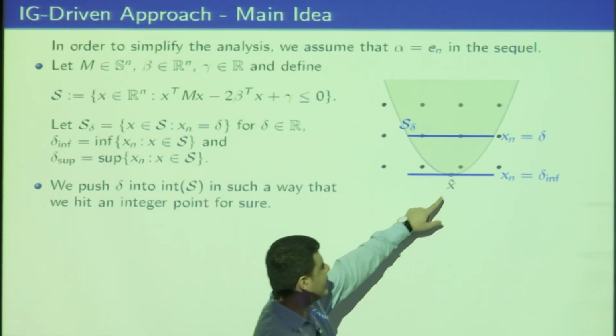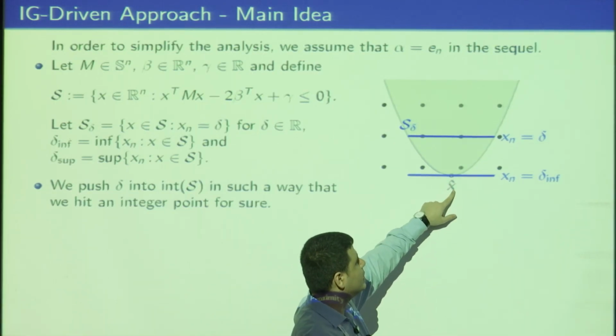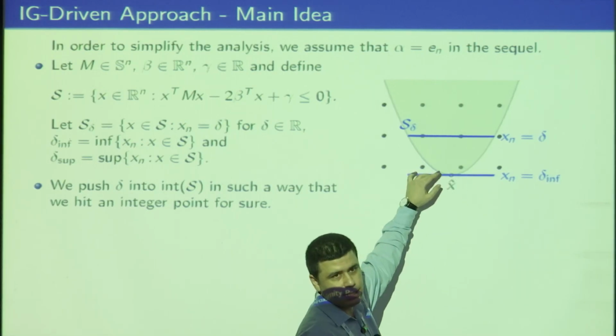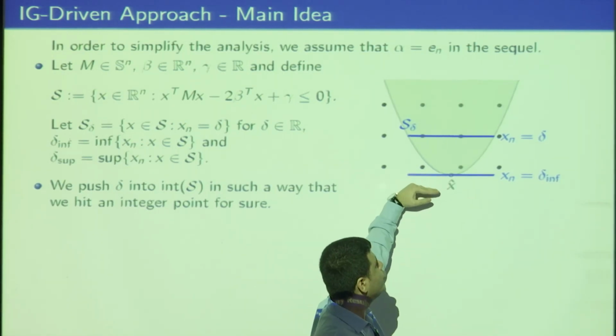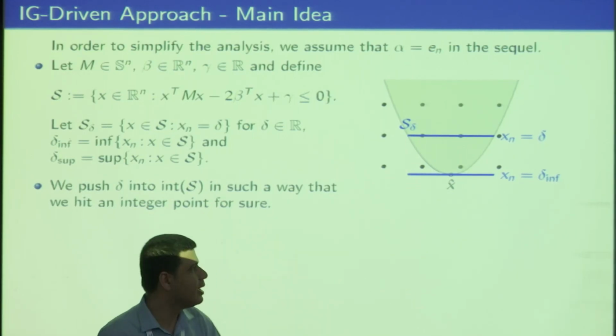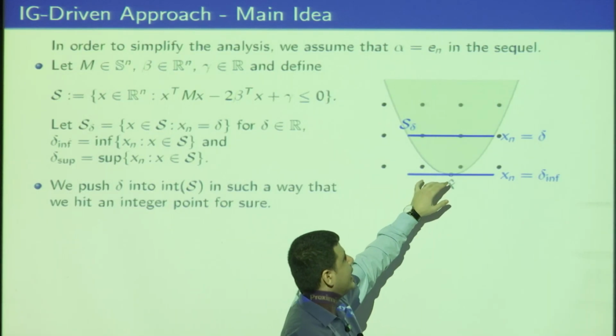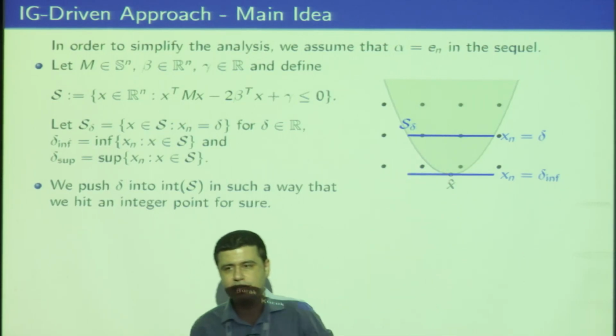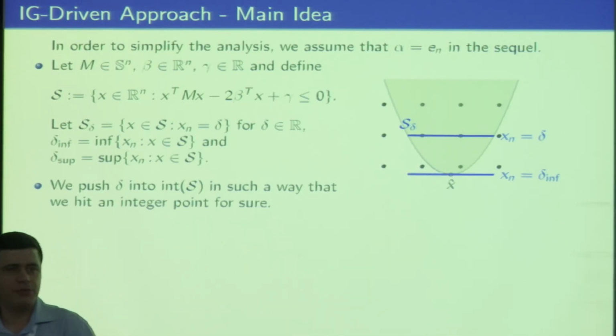Here's the idea. Let's say that x hat is the continuous optimum. You draw the tangent here, and then you move this hyperplane into the feasible region until the intersection of the hyperplane with the set is large enough. If it is large enough, then you can find integer points in this intersection.